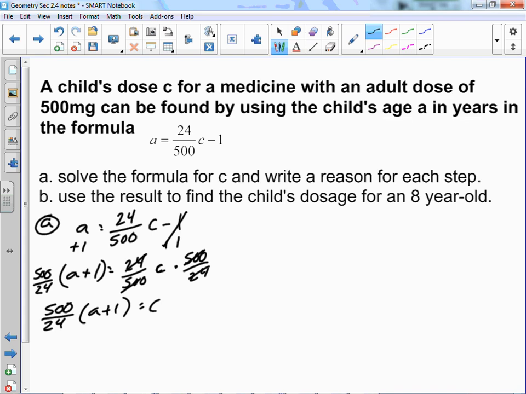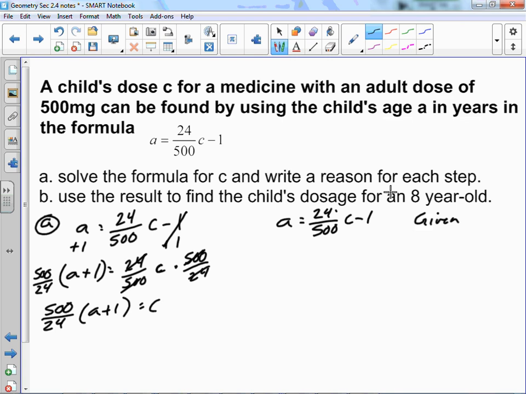So now I'm going to just redo that without showing all this work. Make it nice and neat here. A equals 24 over 500 C minus 1, which was given to us.